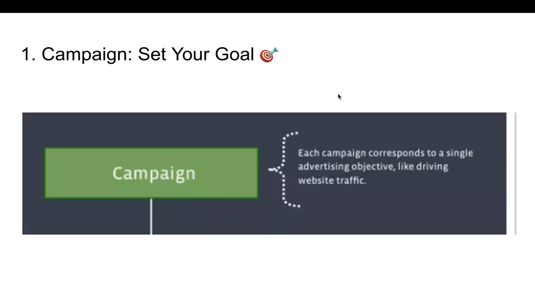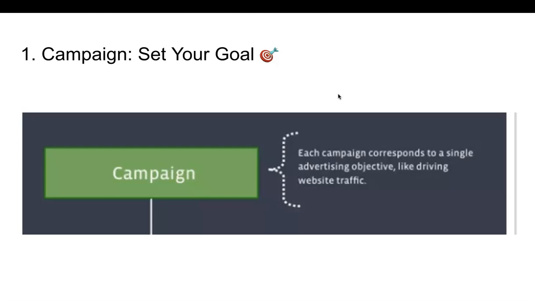Alright, so when you're running Facebook ads, it's important to understand how everything is organized. Meta uses 3 levels to structure and manage your advertising. So the first one we have is campaign. With campaign, you're setting your goal.